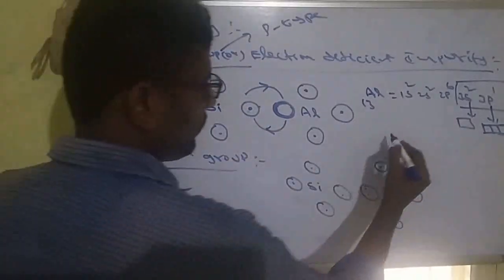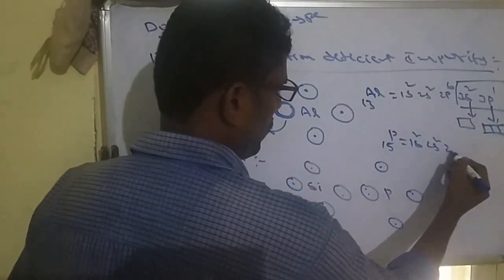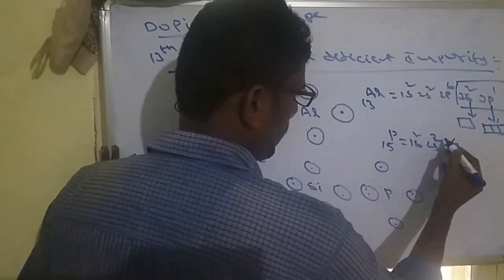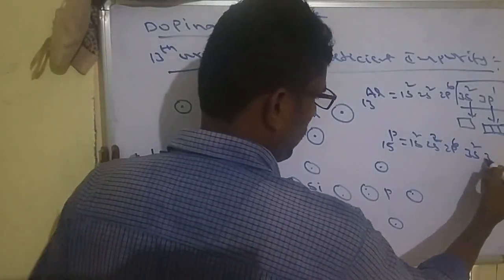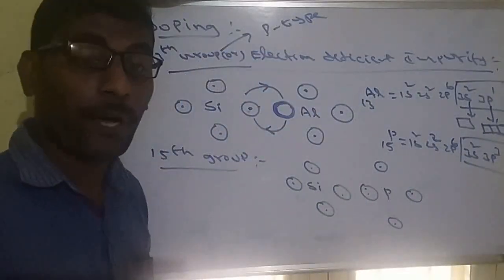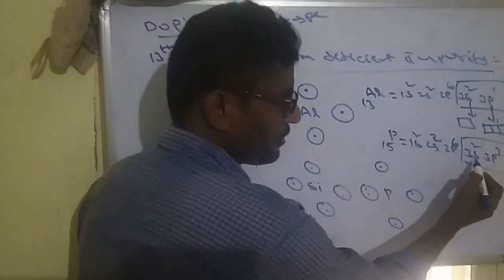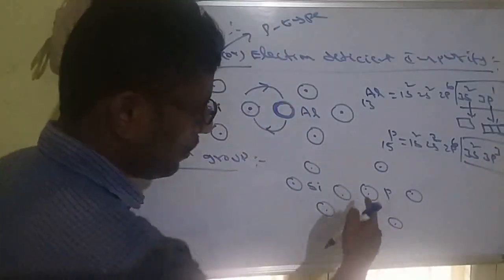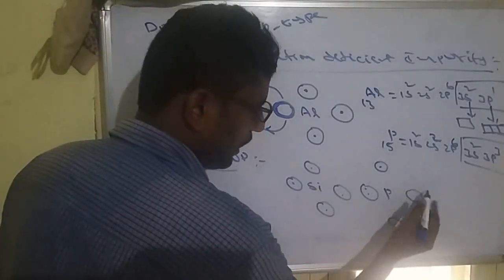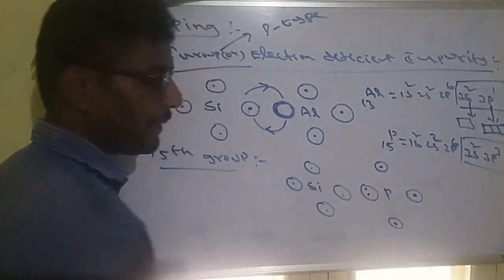In place of aluminium, we are using phosphorus, atomic number 15: 1s2, 2s2, 2p6, 3s2, 3p3. Valence electrons are 5, but orbitals again 4: one s orbital and three p orbitals. So orbitals are 4, but electrons are 5. Here one electron, one electron, one electron. In these orbitals, paired electrons.